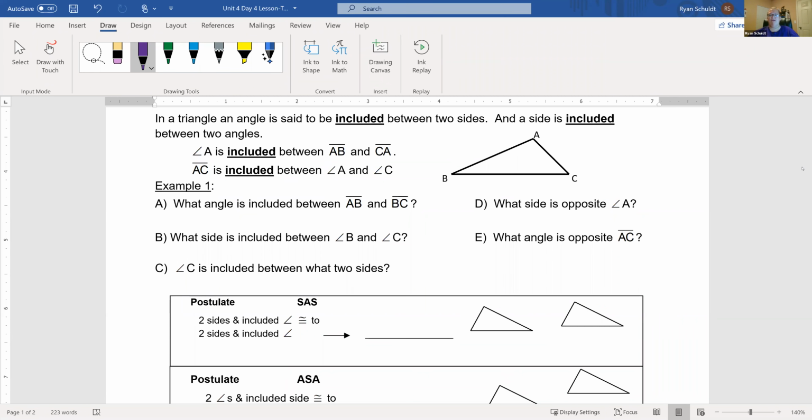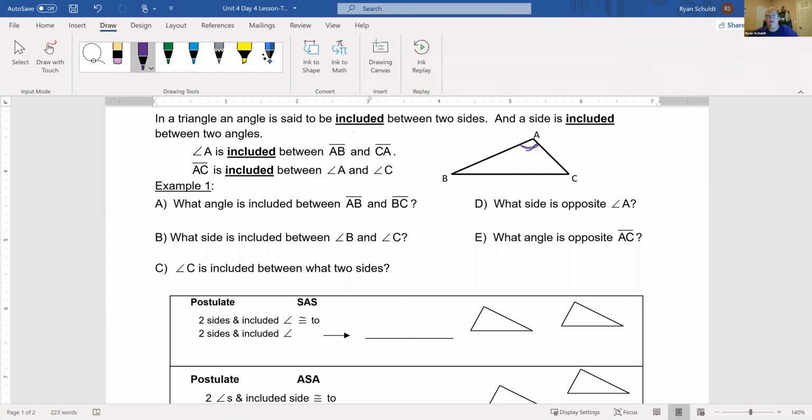So in a triangle, an angle is said to be included between two sides. A side is included between two angles. For instance, angle A right here is included between AB and CA.